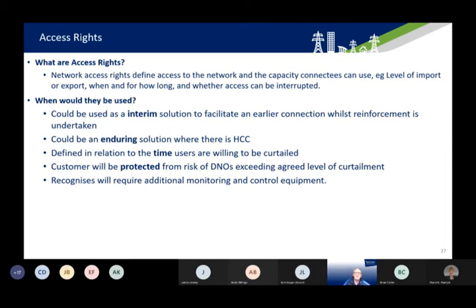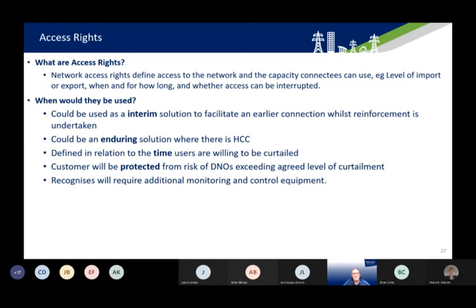It might not be suitable for everybody, but for some it may well be. As I said, where there's high cost cap involved and you could be avoiding some costs, it might be an enduring solution. But for a lot of customers, it's more likely to be an interim solution just until that reinforcement is completed.